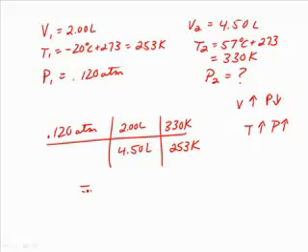So let's see what we get. We get 0.12 times 2 divided by 4.5 times 330 divided by 253, and I'm getting 0.0696 atmospheres, which is choice B.